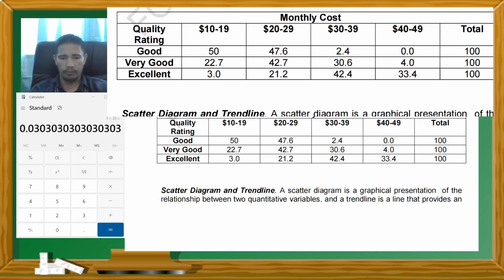So let's check now. For 47.6, for our PowerPoint, that's the answer now for the monthly cost.